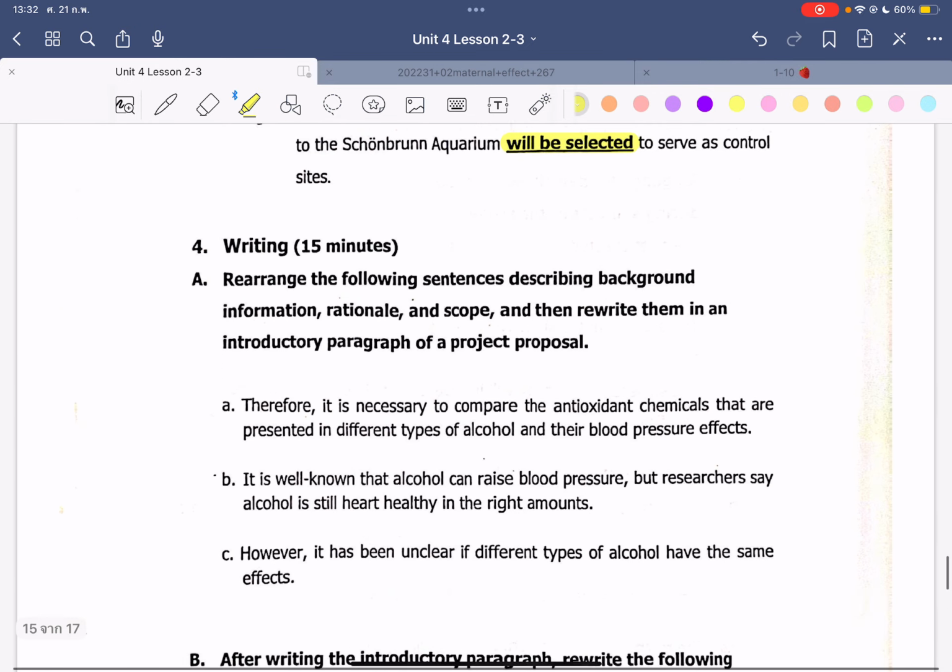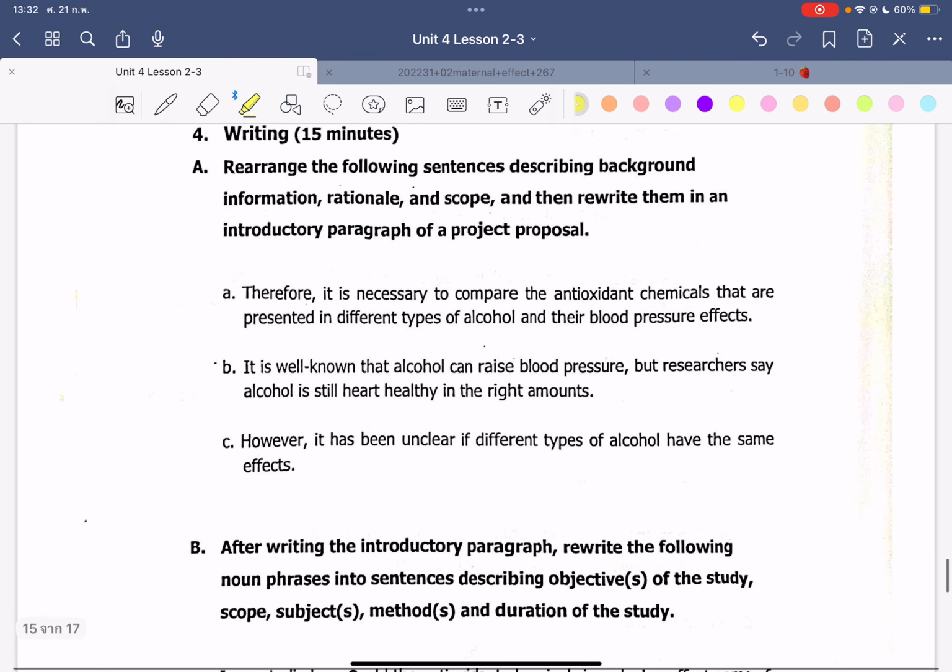Okay, can you try and do it, 1 นาทีนะคะ. Let's do it together. Look at the statements, 3 statements นะคะ มี 3 ประโยคนะคะ. So one is background information, one is rationale, one is scope. So can you arrange them? อันไหนต้องมาก่อนนะคะ background information ต้องก่อนใช่ไหมคะ. So which one is the background information? A, B, C? B ใช่ไหมคะ. B is the background information: it is well known that alcohol can increase blood pressure. ที่เป็นส่วนใหญ่เป็น common knowledge, yes.